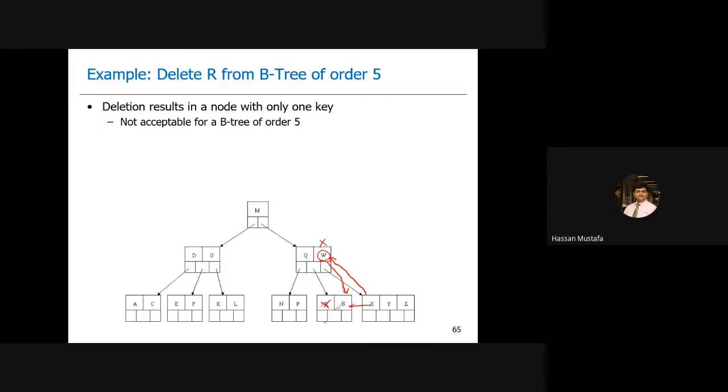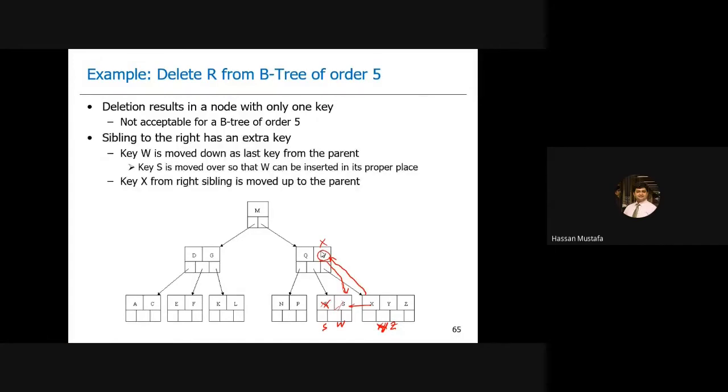So this deficient node now would have s and w in it, and the node that gave the extra key would have y and z, and x would go into the parent. That's the scenario for the deletion in the B-tree.